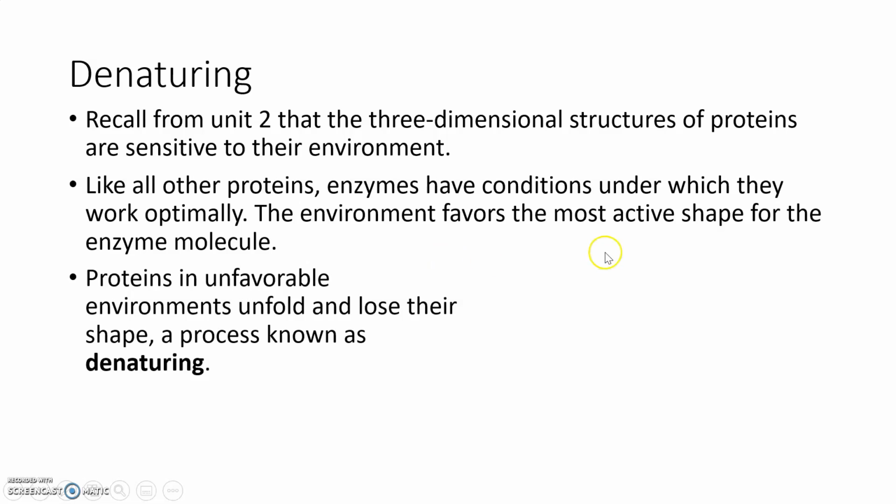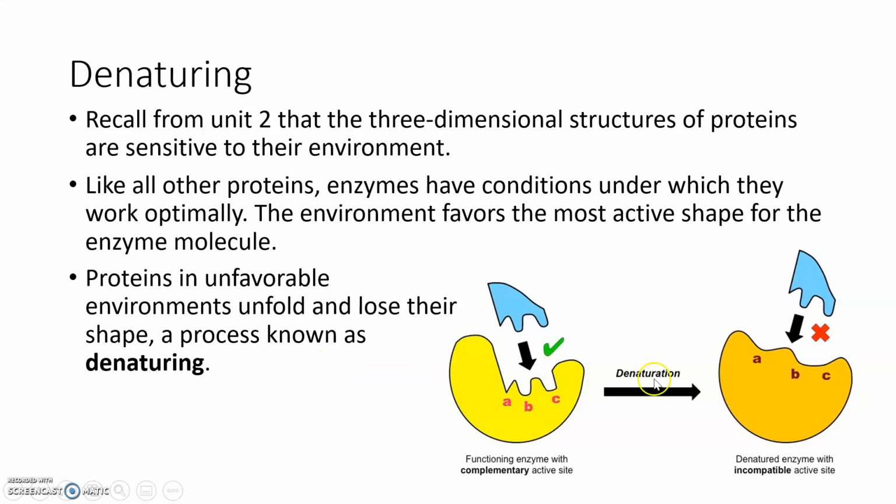Generally, those environments are pH and temperature, so how acidic or alkaline, that's basic, something is, or how hot or cold it is. When proteins are not in the right environment, they will unfold and lose their shape. That process is called denaturation.